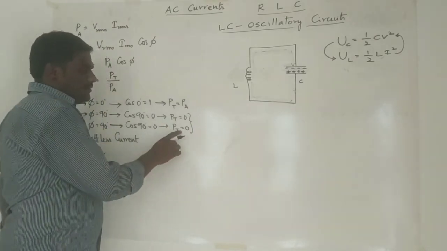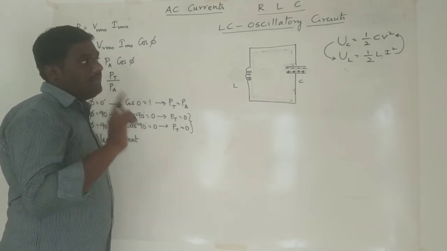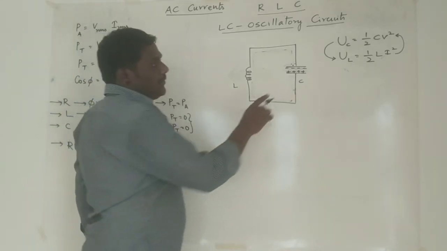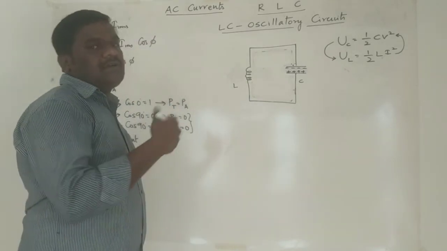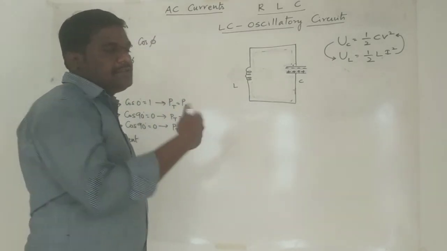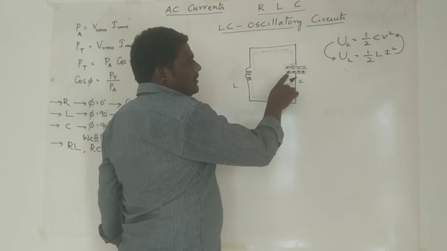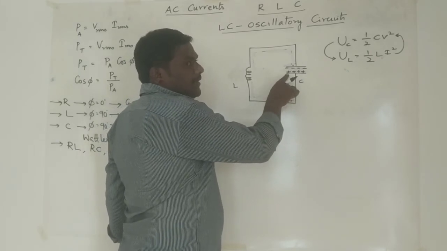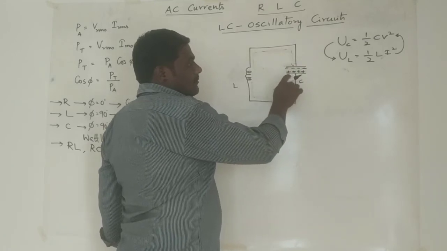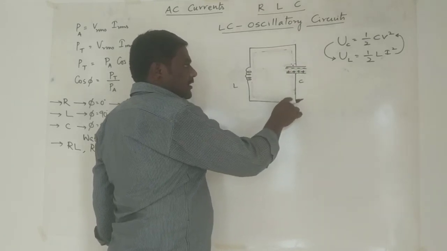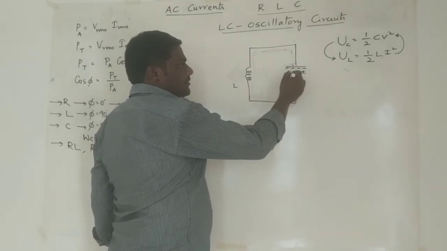The reason is the power consumption is zero. But only one thing you can observe, that the polarity of the plates got reversed. Now this process repeats in the opposite direction. Since the down plate is now at high potential, whereas earlier the upper plate was at high potential, the current again flows in the opposite direction. This way.